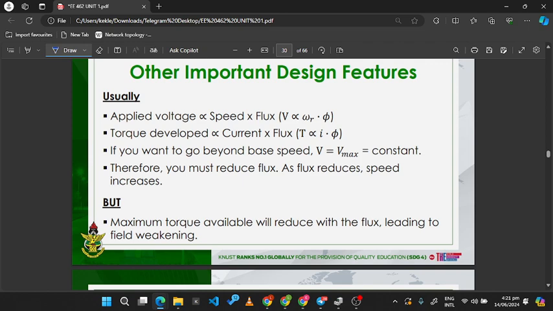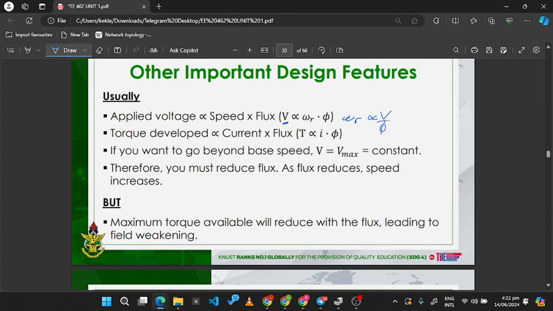So let's use this. The applied voltage is proportional to both speed and the flux, and the torque developed is proportional to current and flux. We know the applied voltage is kept constant. So if we want to increase the speed, the speed omega r becomes directly proportional to voltage and inversely proportional to flux.